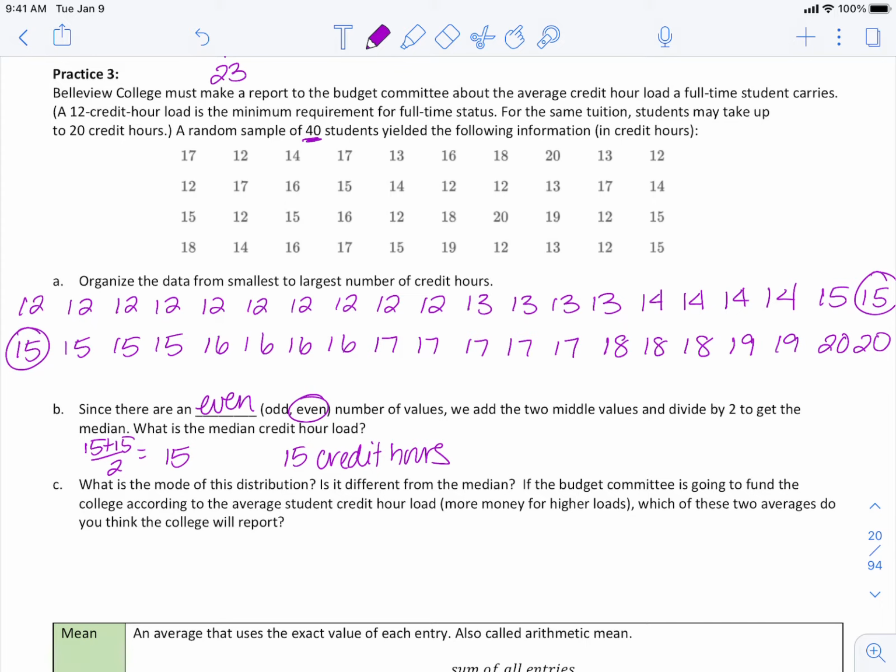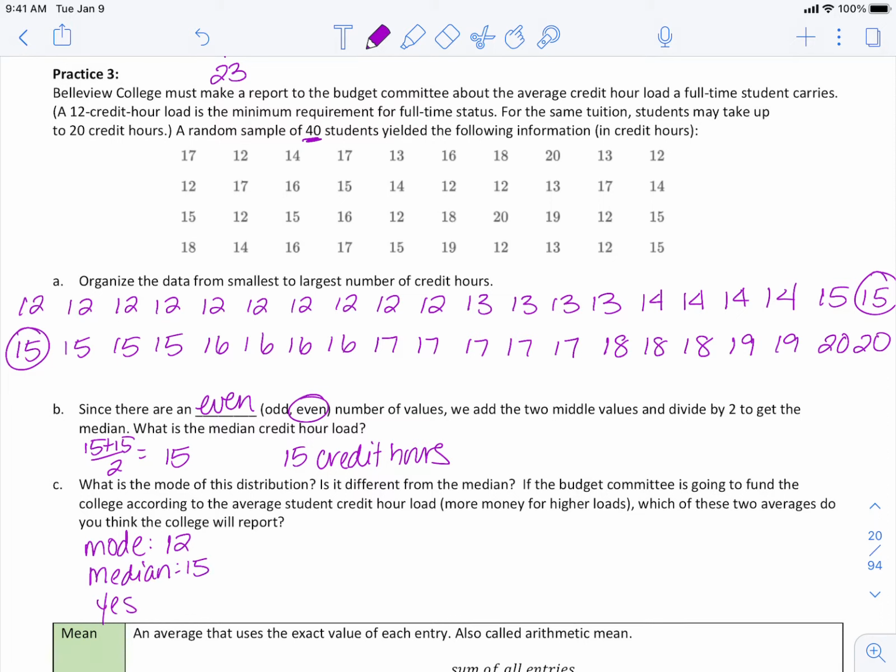So 15 credit hours is the median load. C says, what is the mode of this distribution? Is it different from the median? If the budget committee is going to fund the college according to the average student credit hour load, more money for higher loads, which of these two averages do you think the college will report? So the mode is 12. Our median is 15, as we said.